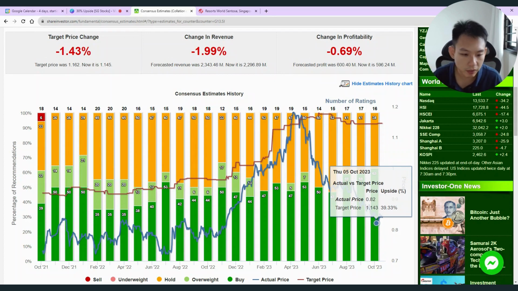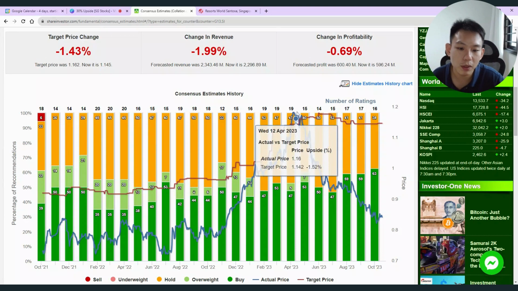a lot of investors thought that the rebound is coming, China is opening up again and tourists are coming back. But after a few months or so, they realized that no, China is facing their own problems. The numbers have not really been as favorable as we expected, and hence the share price came down sharply again.